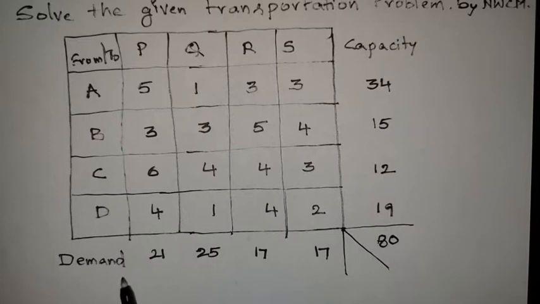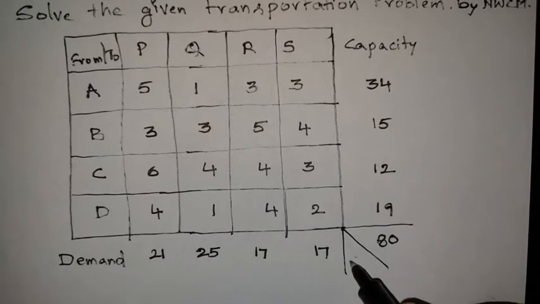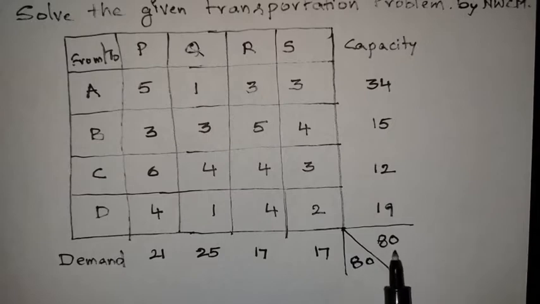Next, sum the demand: 21 plus 25 plus 17 plus 17, which is equal to 80. So it is also 80. Here, the total capacity is equal to the total demand, so we can call it a balanced transportation problem. Now we need to solve it by the northwest corner cell method.